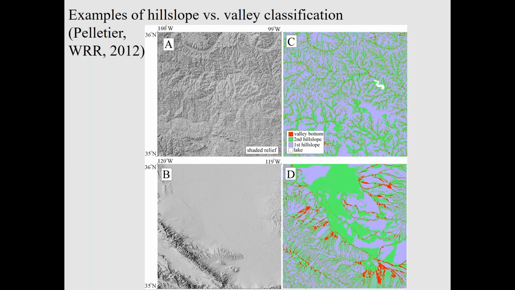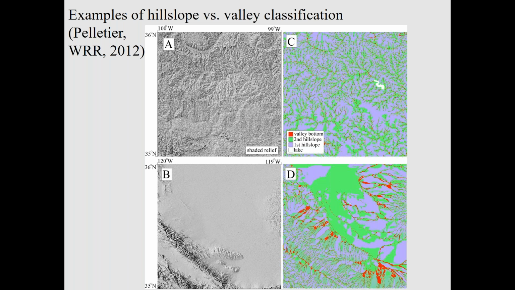So in this type of approach, we're taking the SRTM data, and this is done in a parallel way on a high-performance computing system where each 1 degree by 1 degree tile is analyzed. And I'm using a particular algorithm that I developed in 2012 to extract hill slopes and valleys.